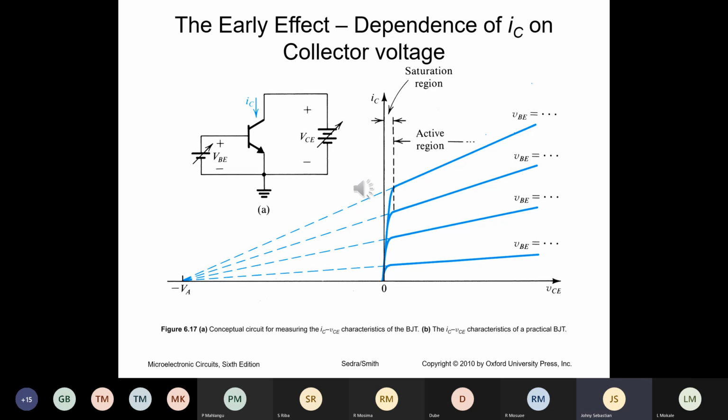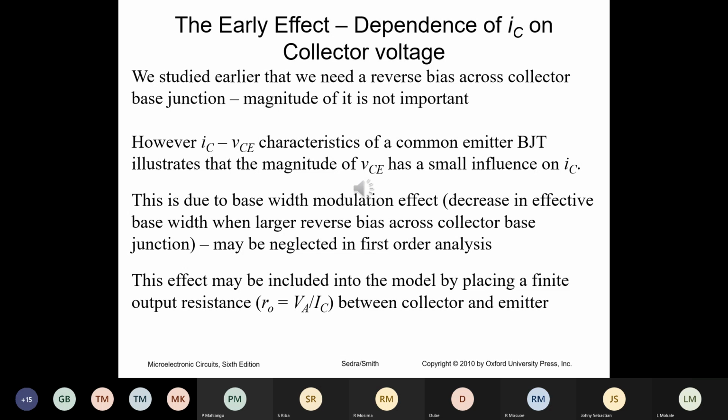Okay, what is the final effect? The effect is very simple. We may consider the effect of this early voltage when you make a model. We will see that. We studied earlier that we need a reverse bias across the collector base junction. The magnitude of it is not important.